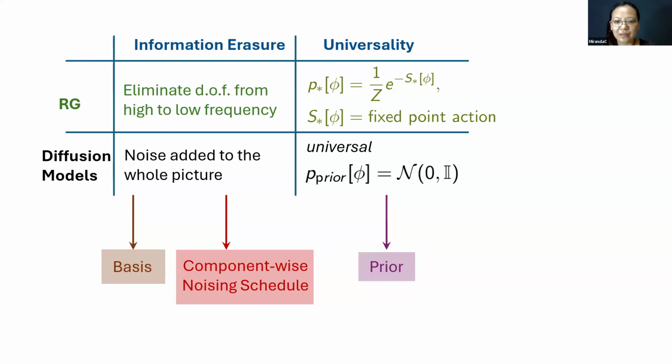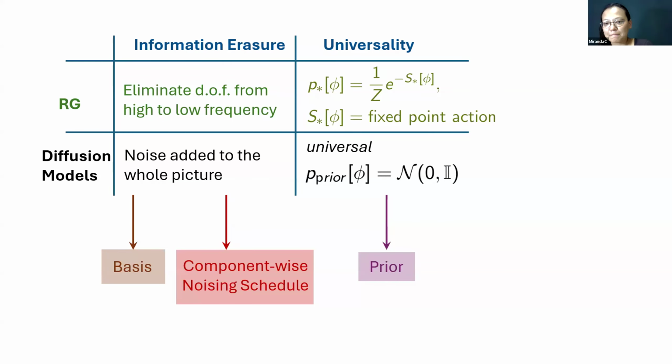We see that in RG, the information erasure process is more conveniently described in Fourier space. However, in diffusion models, there's typically less discussion about which basis to use when you erase information.